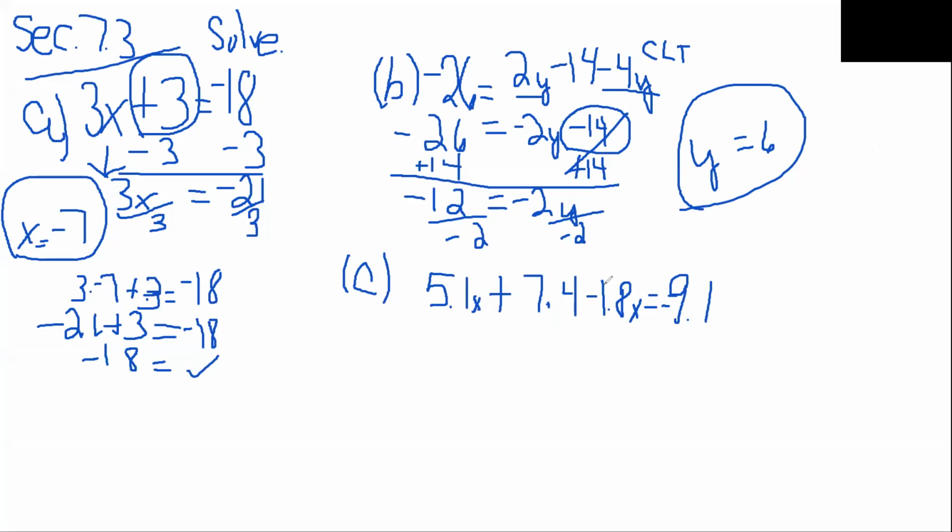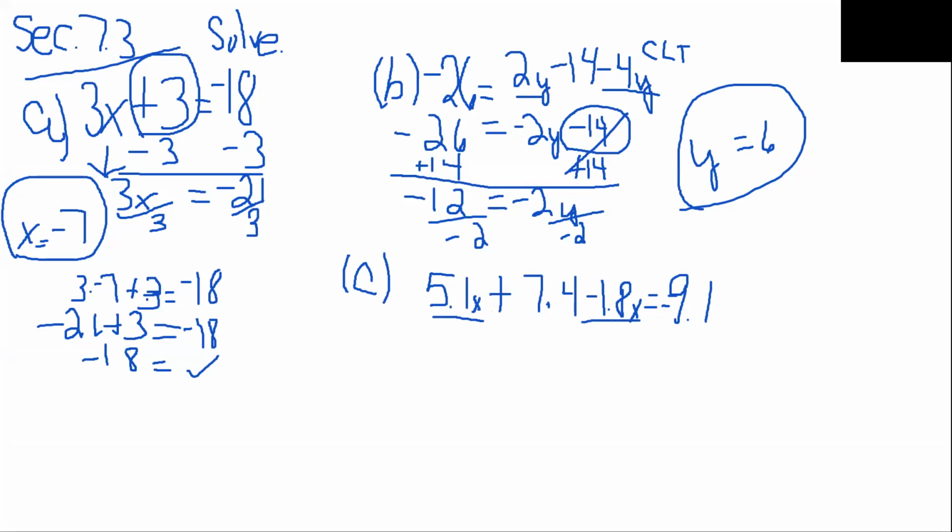Here, model C: 5.1x plus 7.4 minus 1.8x equals negative 9.1. We will proceed to do the same process even if it is a decimal. As we begin, I have a negative 1.8 and 5.1x.